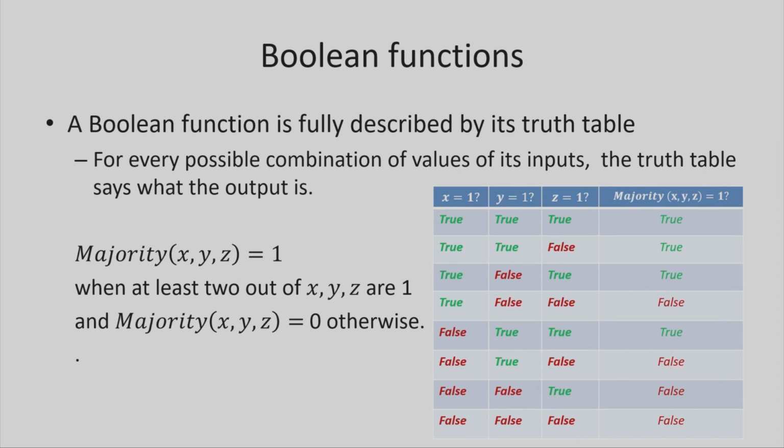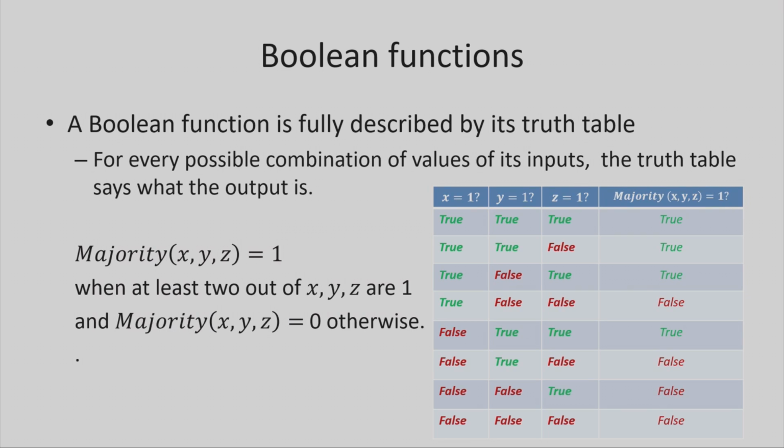So the way to describe a Boolean function is something that you find very familiar. You could describe a Boolean function as a truth table, because how did I tell you what majority is? I said, well, this is that function that will output a 1 when either all three of the variables are true, or the first two are true and the last one is false, or x and z are both true and y is false, or y and z are both true and x is false, and otherwise it will be false everywhere.